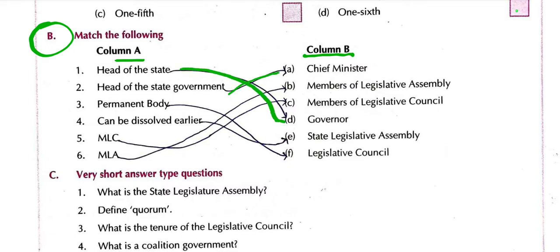Head of the state government, this is chief minister. Permanent body, legislative council. Then can be dissolved earlier, that is the state legislative assembly. Okay, then MLC, member of legislative council. Then MLA, member of legislative assembly.